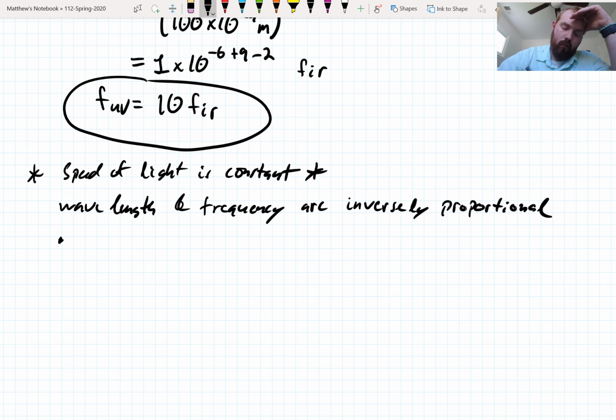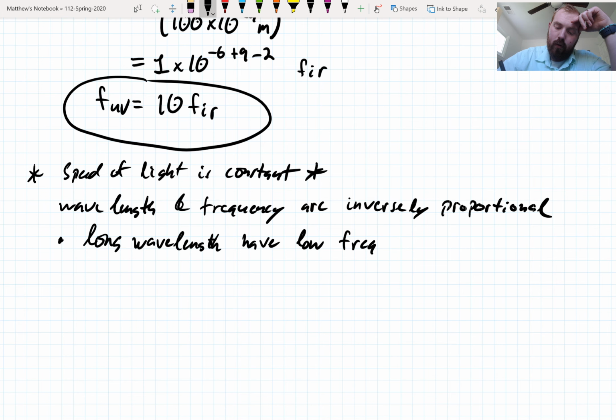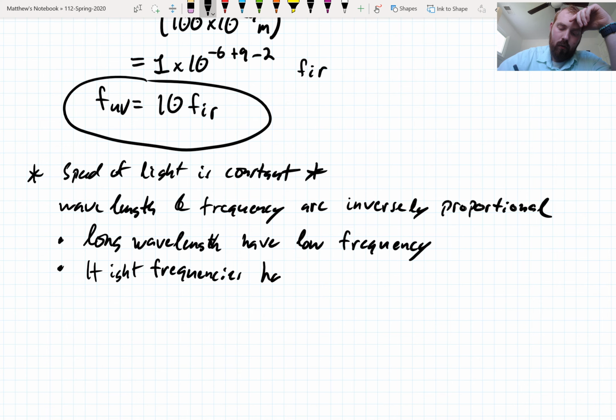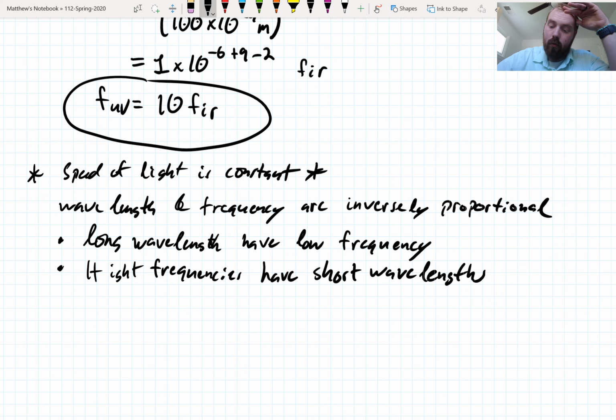So the longer your wavelength, the lower your frequency. And correspondingly, high frequencies have short wavelengths.